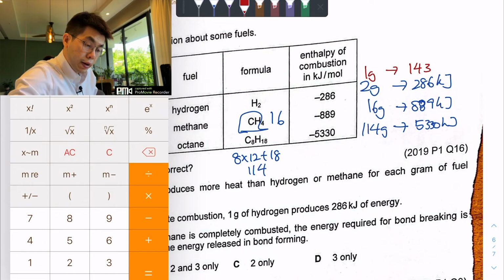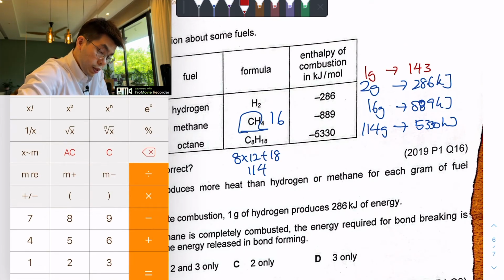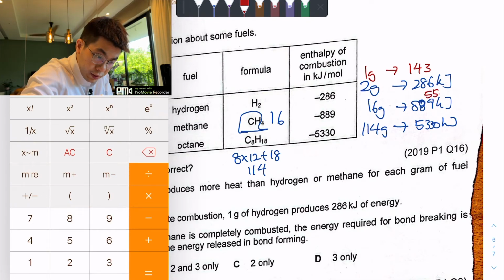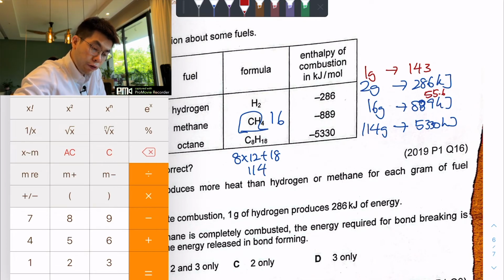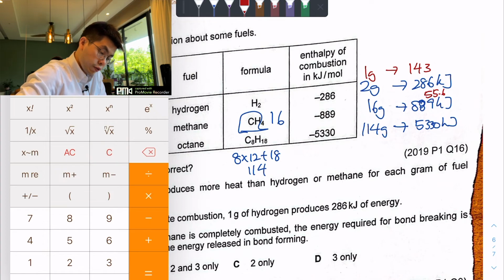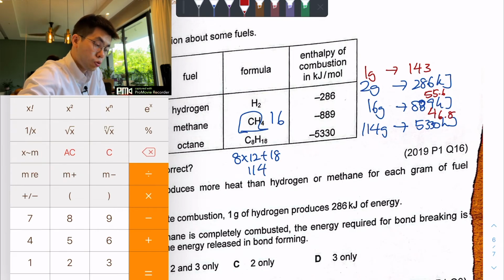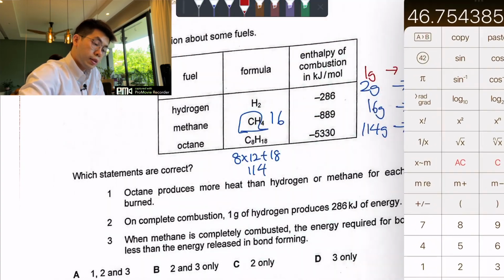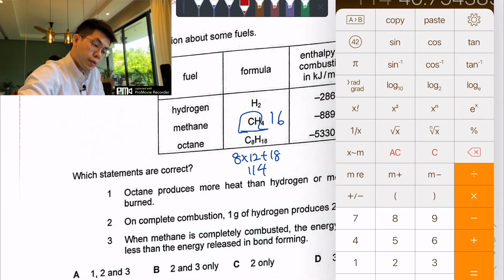Right, if 16 grams produce 889, 1 gram will produce 55.6. And if 114 grams produce 5330, so 5330 divided by 114 will produce 46.8 kilojoules.